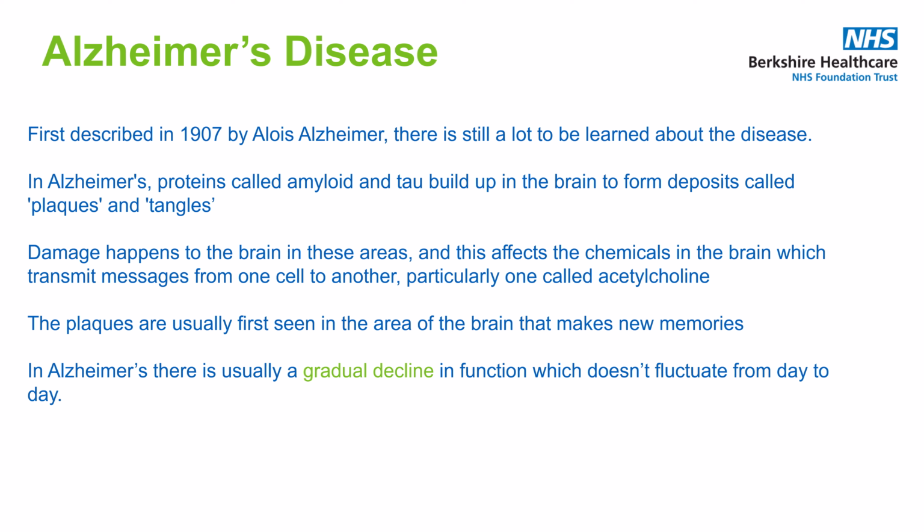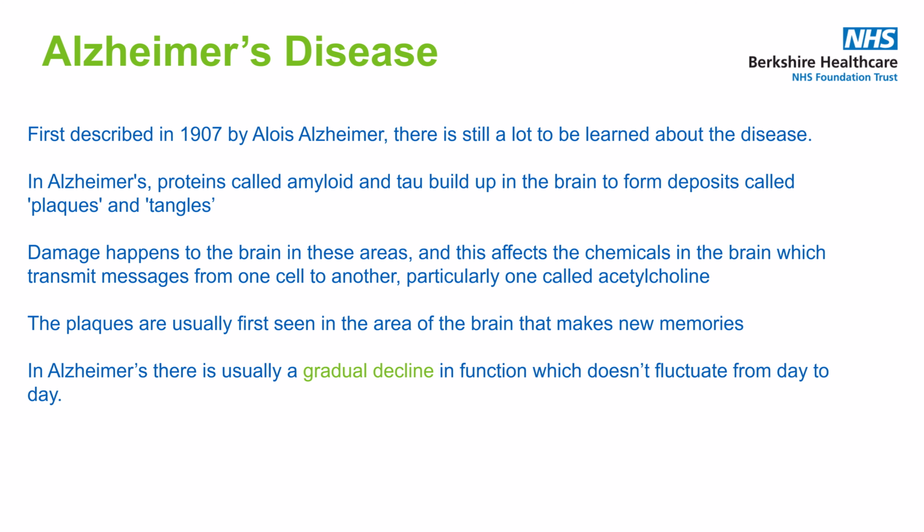These seem to cause damage to certain areas of the brain and in particular affects the levels of certain chemicals that are involved in sending messages from one brain cell to another. They were called on the video neurotransmitters, and there's one in particular that's implicated in Alzheimer's, and what we know is that the levels of a certain chemical called acetylcholine seems to diminish.